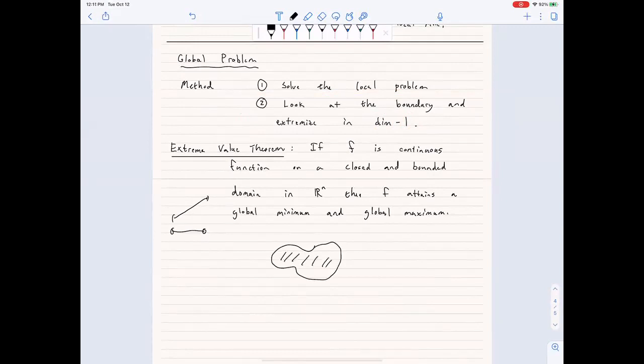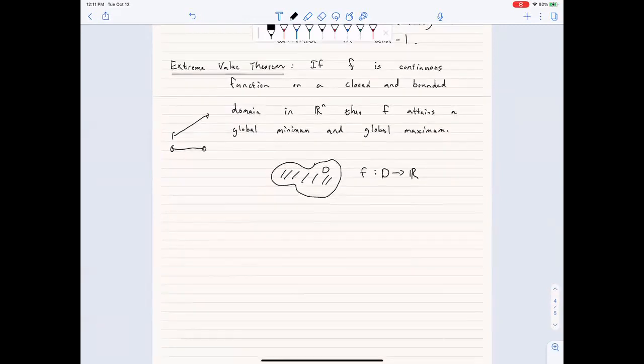Maybe it's closed and bounded. We have a function defined on it. And what we do is we find some critical points. We'll see if they're maxes and mins, or just take their values so we can compare them with the boundary.